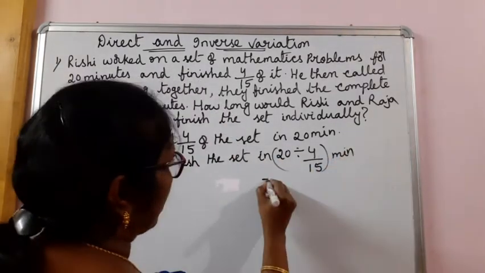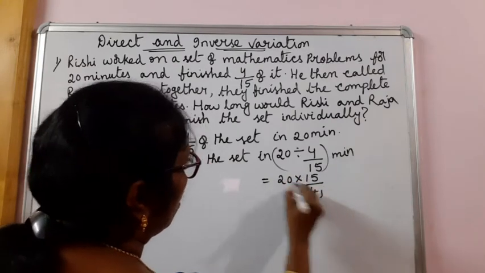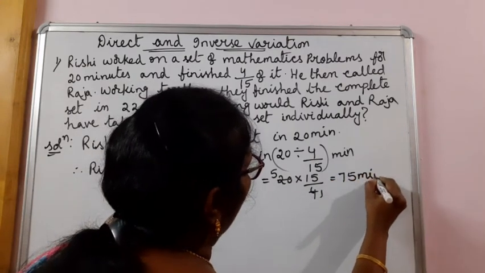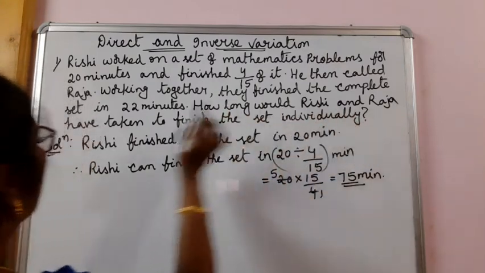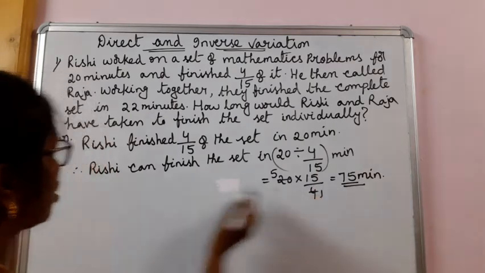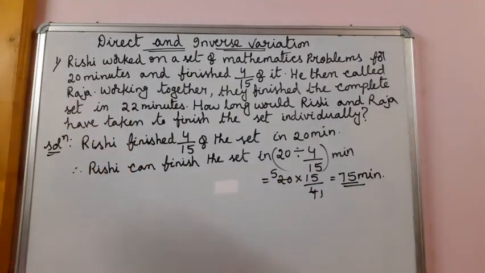Let us simplify this. We'll get 20 into 15 by 4. 4 fives are 20, so 5 times 15, that is 75 minutes. The first part is how long would Rishi have taken to finish the set individually. We got Rishi can finish the set in 75 minutes.